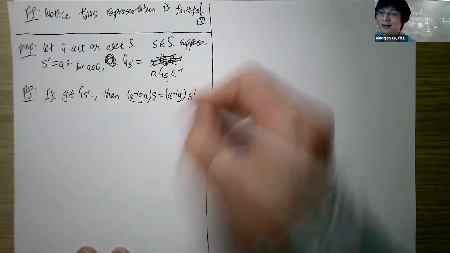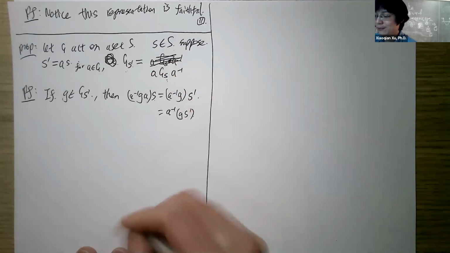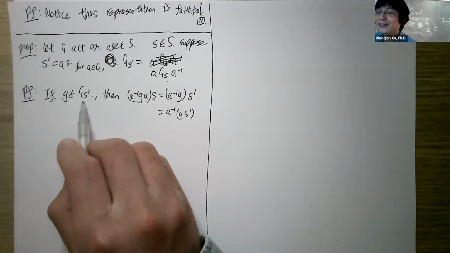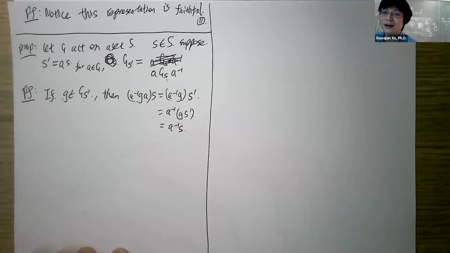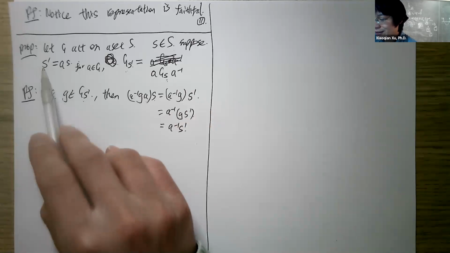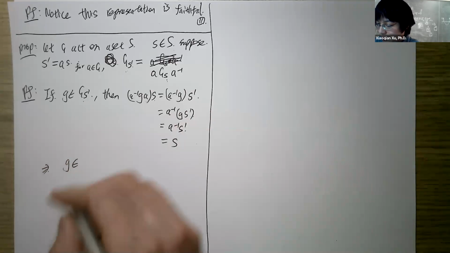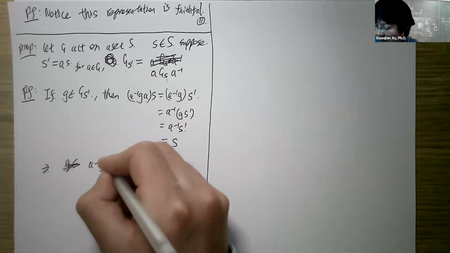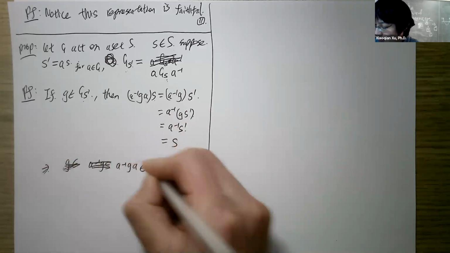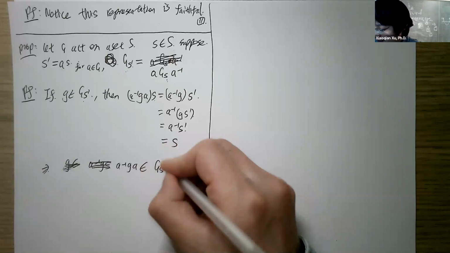Let's see what happens. a inverse g a acting on s equals a inverse g acting on a s, which is s', so it's a inverse acting on g s'. g is a stabilizer of s', so a inverse acting on s' gives s, since s' equals a s. So a inverse g a is in G_s.